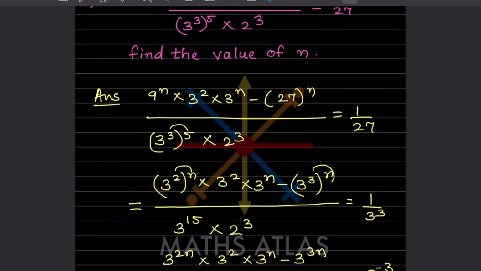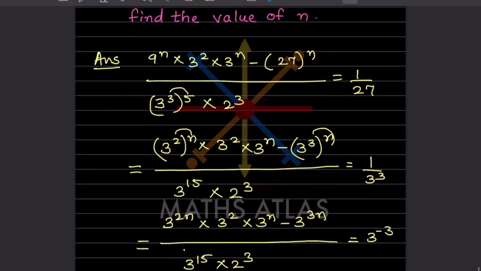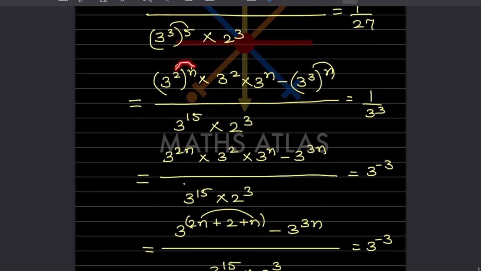Now this one we can write with the rule you know, a raised to m raised to n is a raised to mn. So we have to multiply, and we'll get here 3 raised to 15, and this will be as it is. Again this one, we have to multiply, then you will get here 3 raised to 2n. This will be as it is.